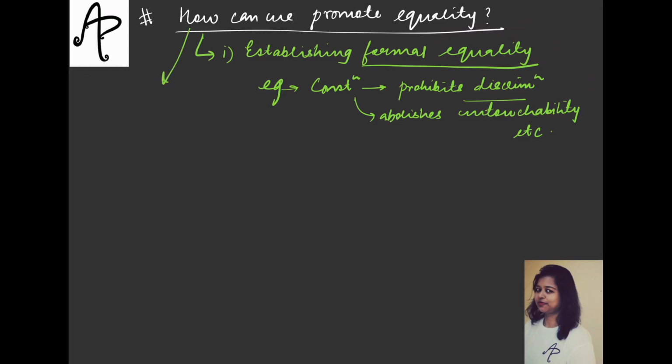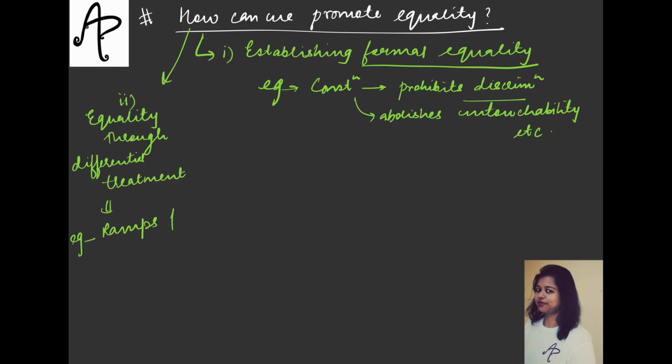Next thing that they talk about, how can we promote equality, is through differential treatment, about which I have already briefed earlier. So here, just seeing the examples. For example, I spoke to you about ramps for physically disabled people in public spaces.